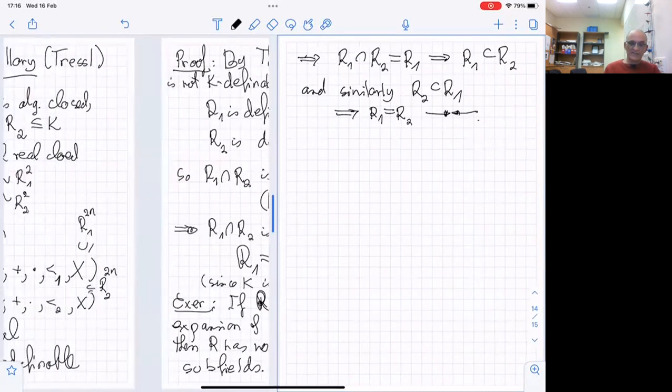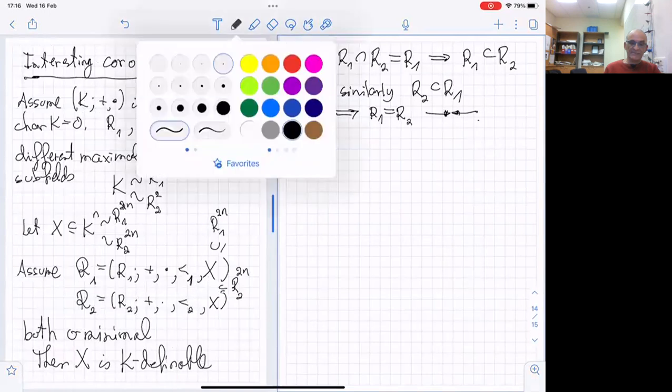Okay, so I'm looking at the corollary that we just proved.